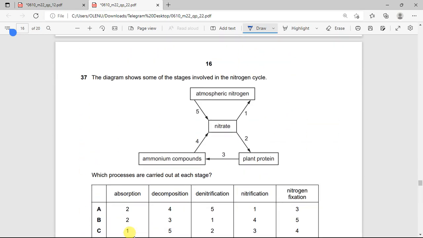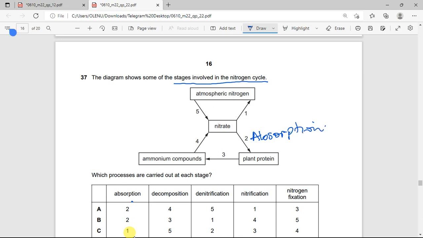The diagram shows some of the stages involved in the nitrogen cycle: atmospheric nitrogen coming down to form nitrate, plant protein. Which processes are carried out at each stage? Absorption should be 2, in this case 37. Absorption is 2, so it's absorbed by the plant root.